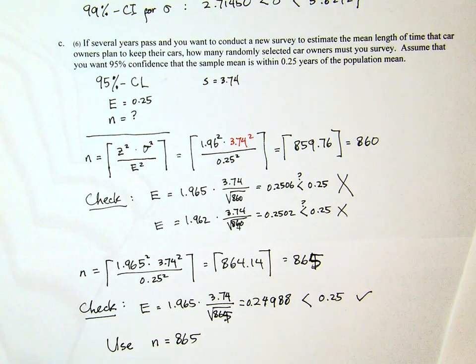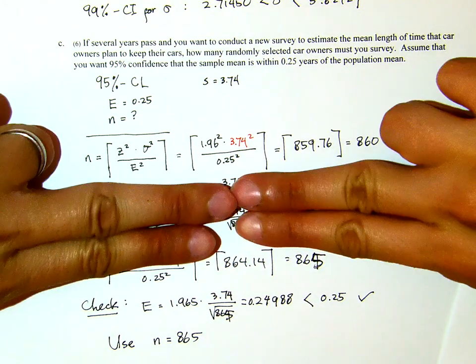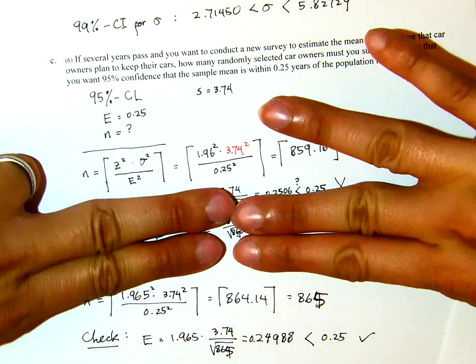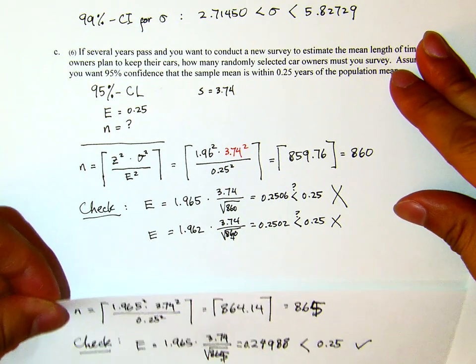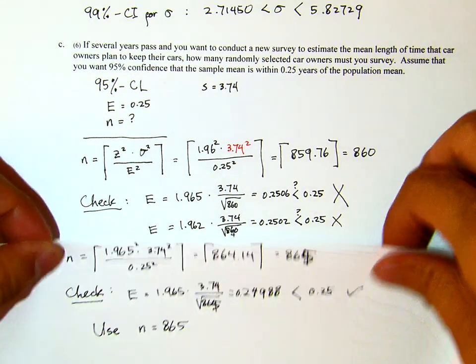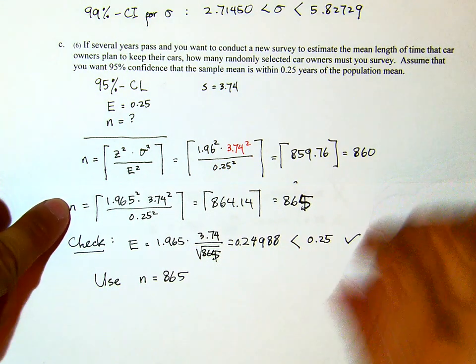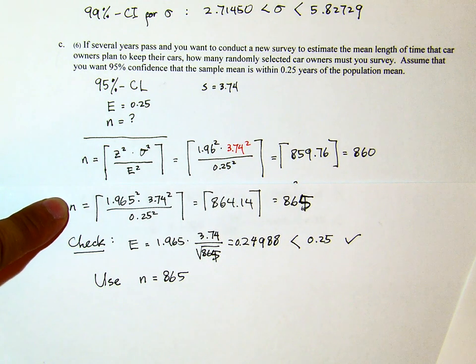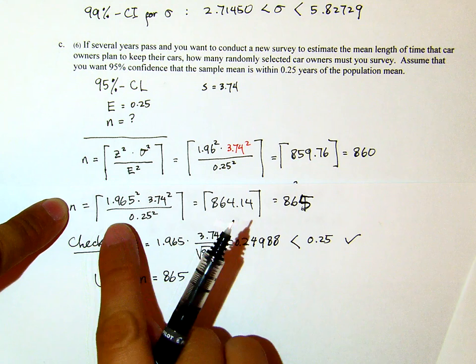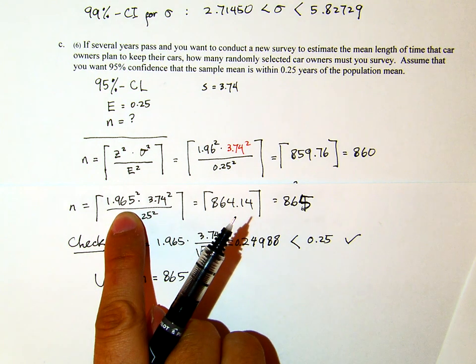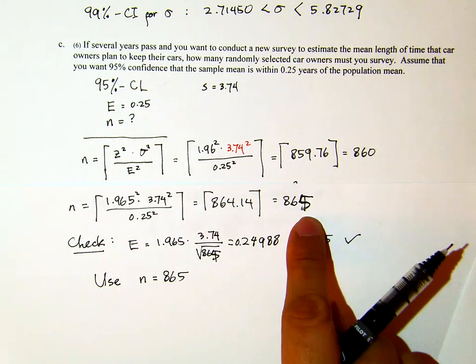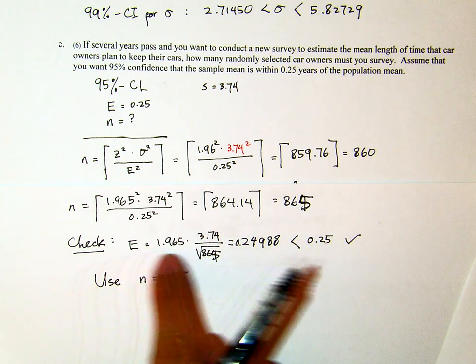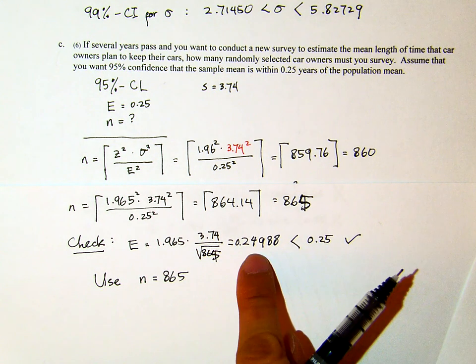So in fact, you can omit the first checking. Just use that 860 and go on to the updated number of data, but this time you use the new t critical. Then you compute and you get that number. Does it make sense? When I check, yes, it is within the margin of error that I want.